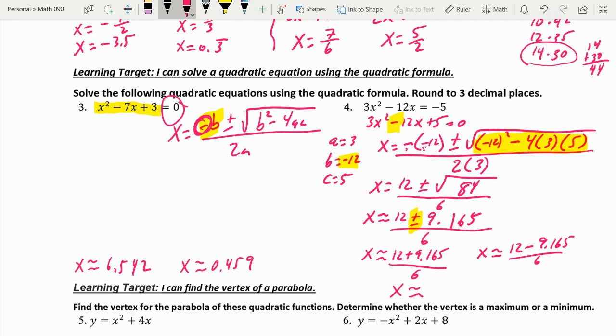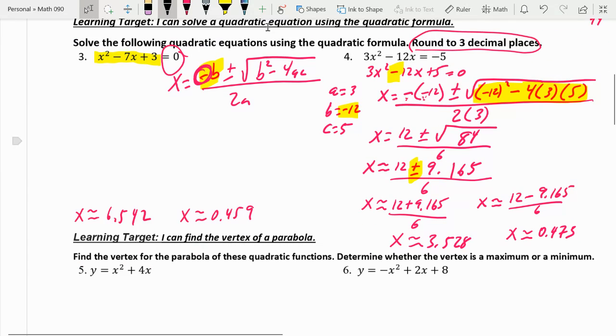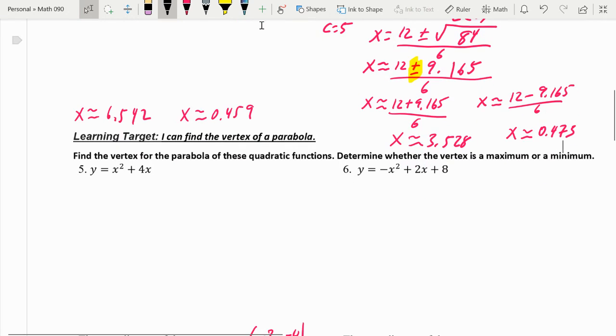They wanted us to go 3 decimal places, so x is approximately equal to 3.528, and x is approximately equal to 0.473.